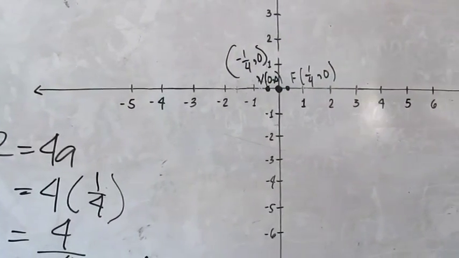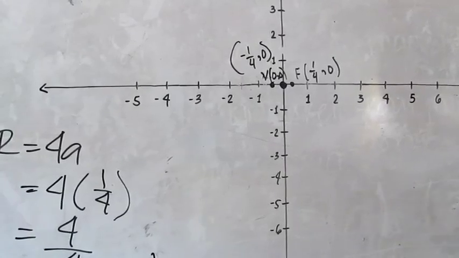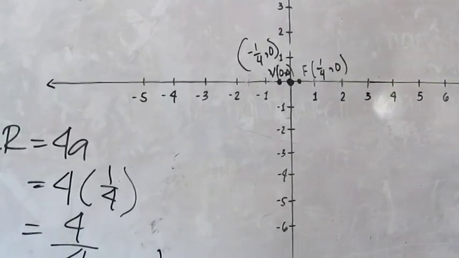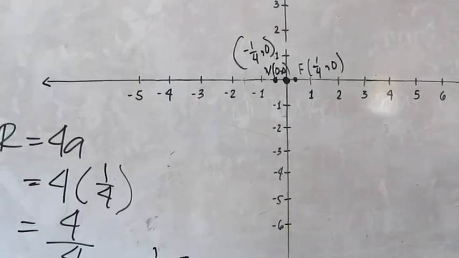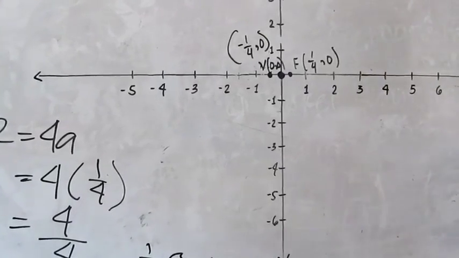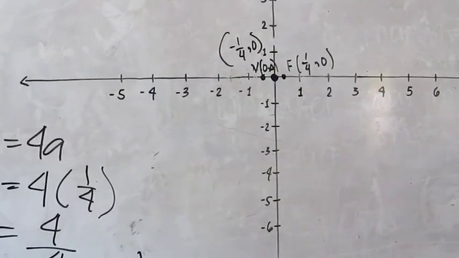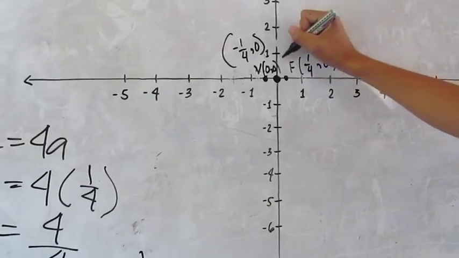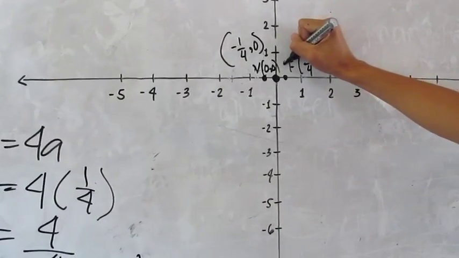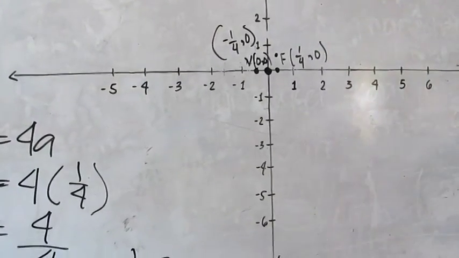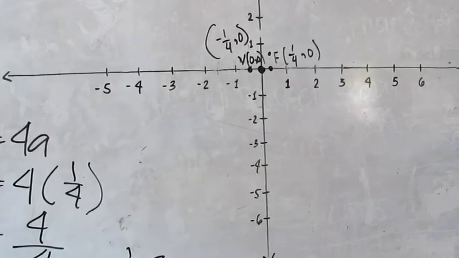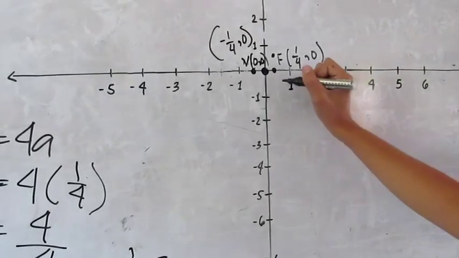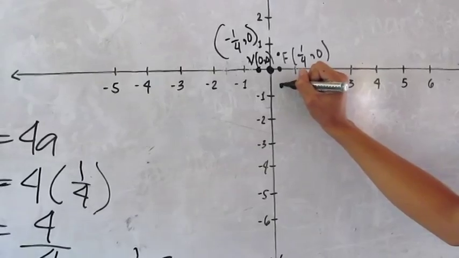And then the next is to locate the endpoints of the latus rectum. The endpoint of the latus rectum is (1/4, 1/2), so somewhere here. And then our other endpoint is (1/4, -1/2), so it is somewhere here.